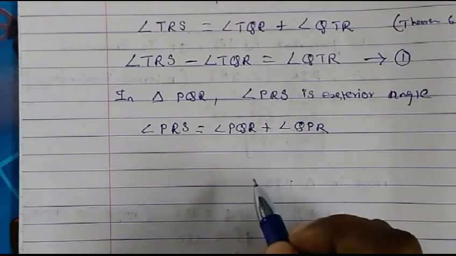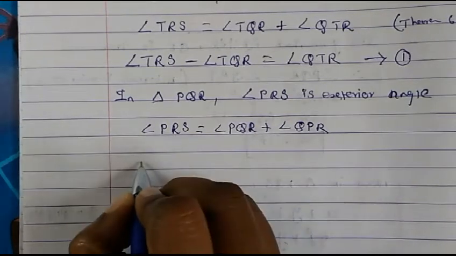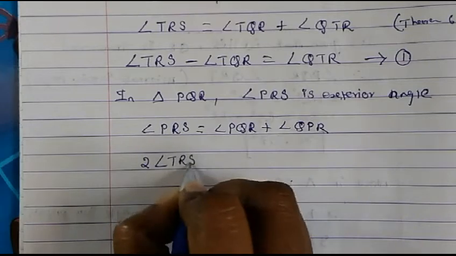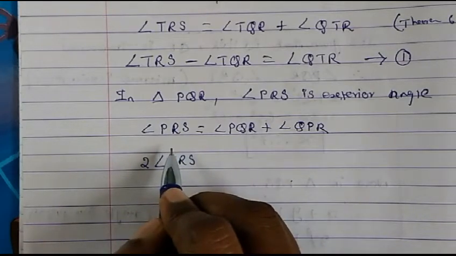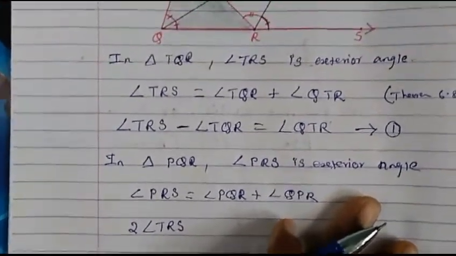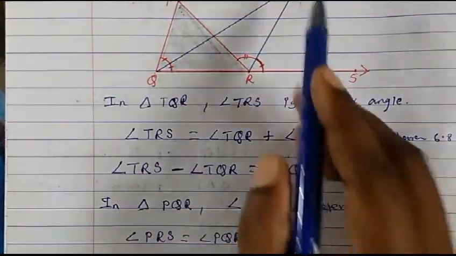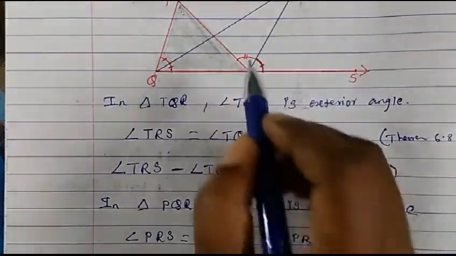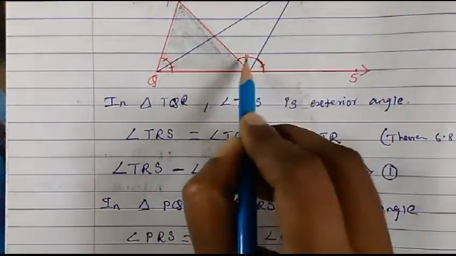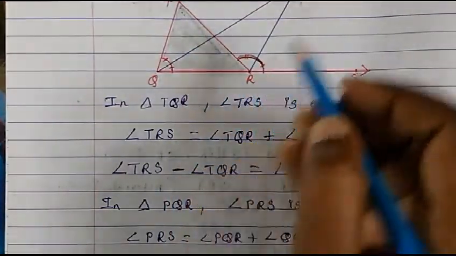So now just pay attention. Now this PRS can be written as 2 times angle TRS. Can we write PRS like that? You will be wondering why. Where is TRS? This whole thing is PRS, but then it is said that this is the bisector.